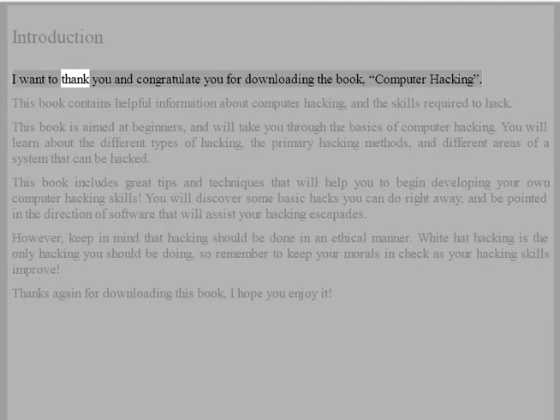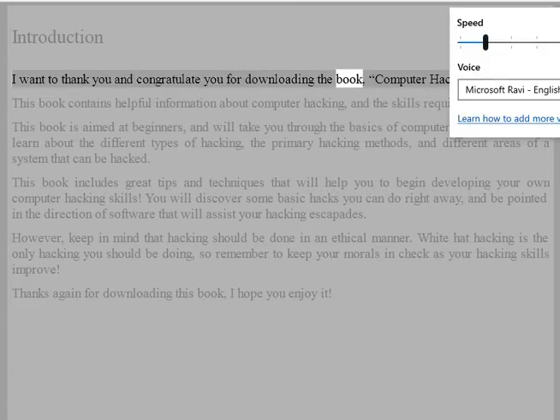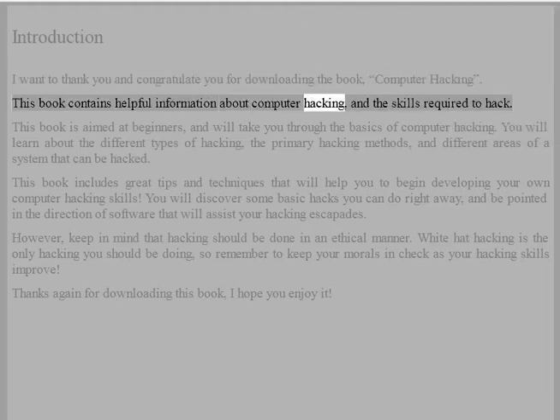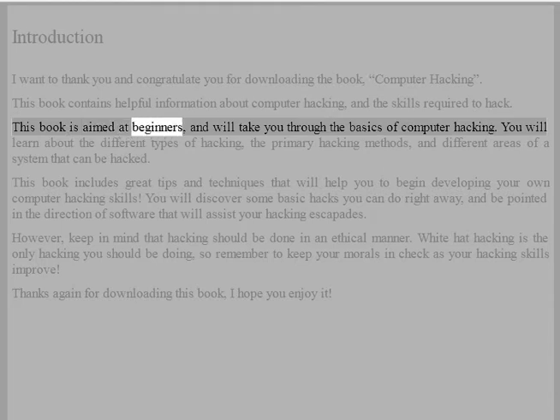Introduction. I want to thank you and congratulate you for downloading the book, Computer Hacking. This book contains helpful information about computer hacking and the skills required to hack. This book is aimed at beginners and will take you through the basics of computer hacking.